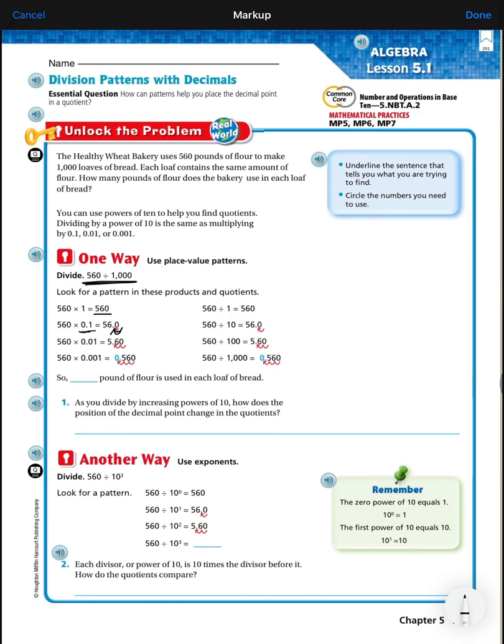So they've taken our decimal point and moved it 1 place. In 1/100th, they've moved it 2 places, and in 1/1000th, they've moved it 3 places. And these are the same over here, okay? They've moved our decimal point 3 places, 2 places, and 1 place, okay?